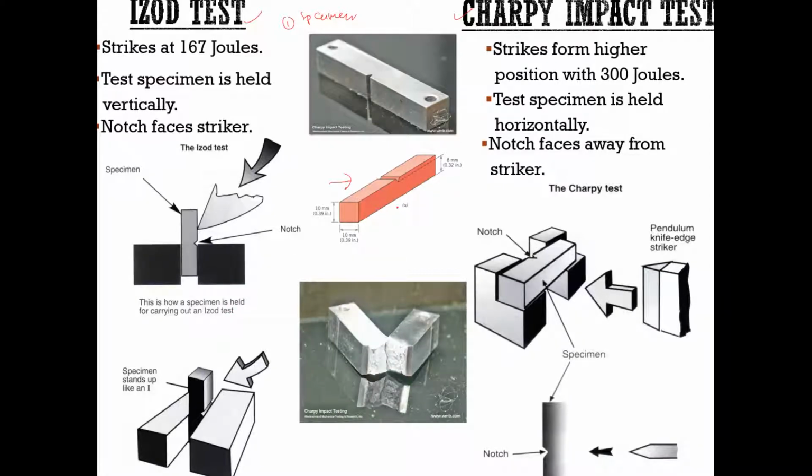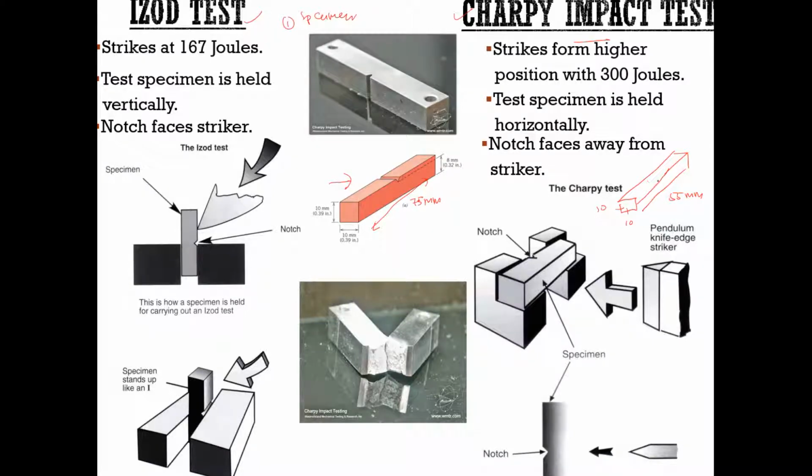For the Izod specimen, the length here will be around 75 mm, whereas for the Charpy impact test, the length will be less, around 55 mm. The rest is similar. The cross-section here is 10 mm by 10 mm.